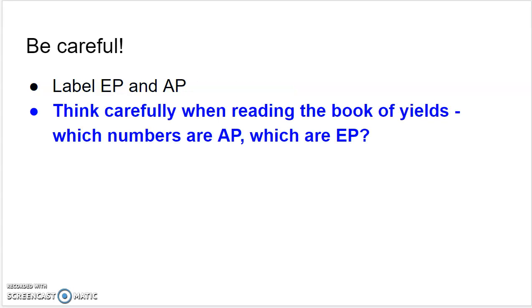When you're reading the book of yields, make sure you're really thinking about the headings, to think about whether they are dealing with AP or EP, or going back and forth between those two. That's one of the places people get most confused: reading those column headings in the book of yields.